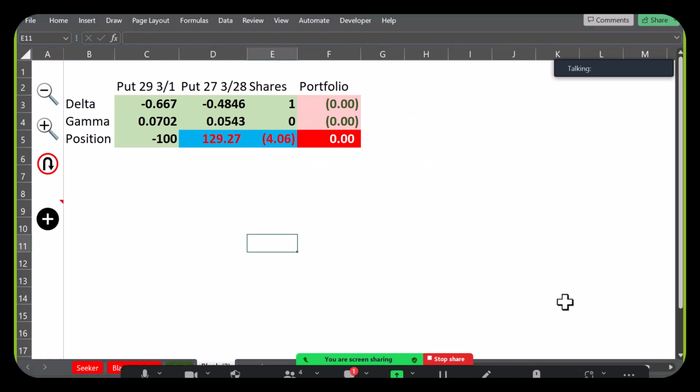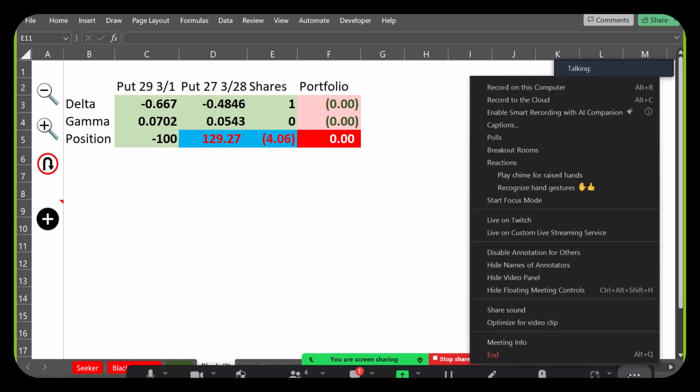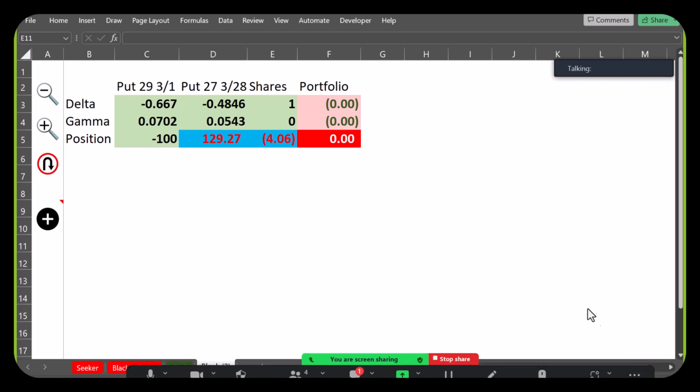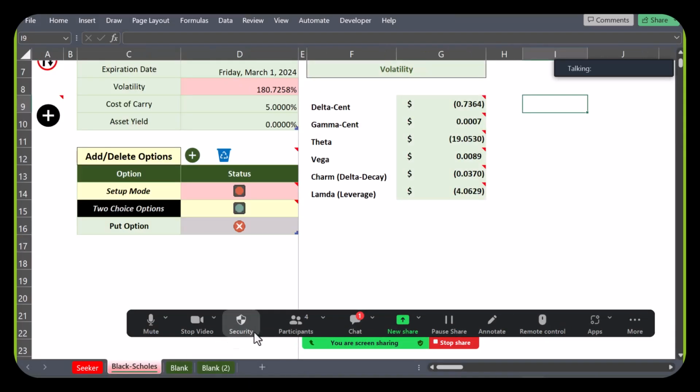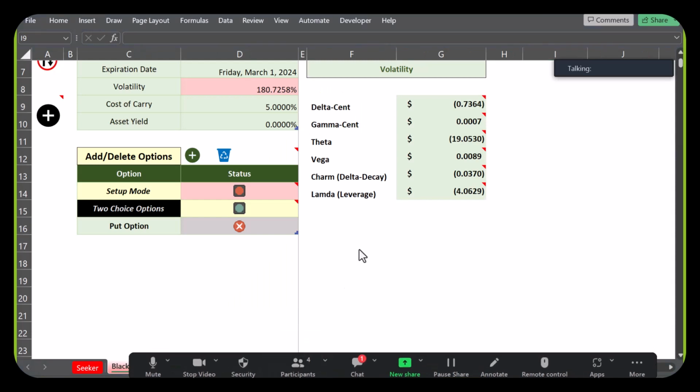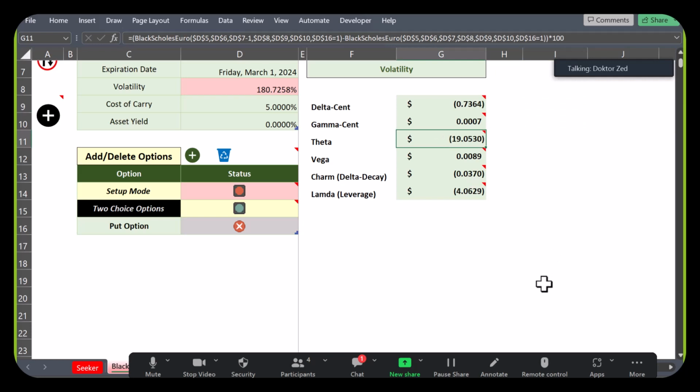Look at the theta. I mean, in this case, I like that because I am short this option.